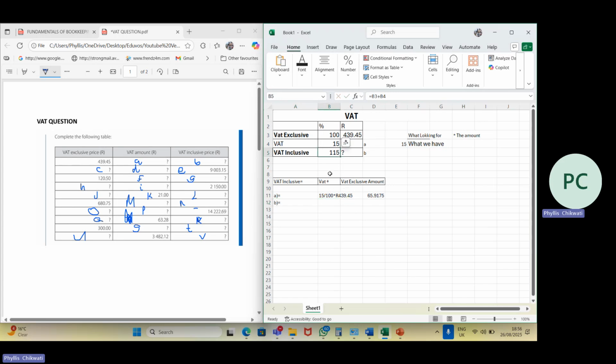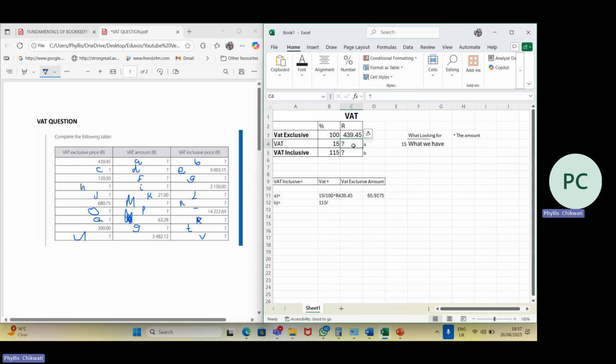That's 115, and we do not have the rand value of that. That's what I mean when I say what is it that we are looking for. What we're looking for is the rand value of the VAT inclusive. So we must take the percentage of that VAT inclusive, then we divide that with what we have.